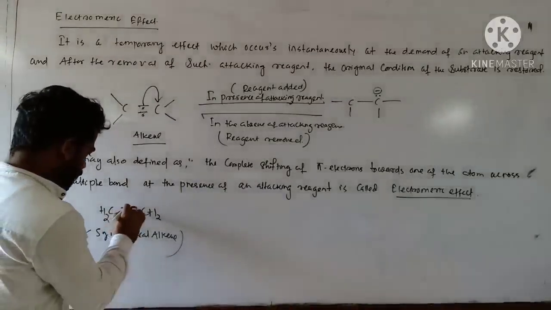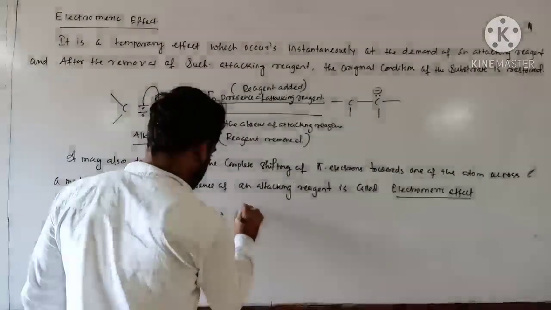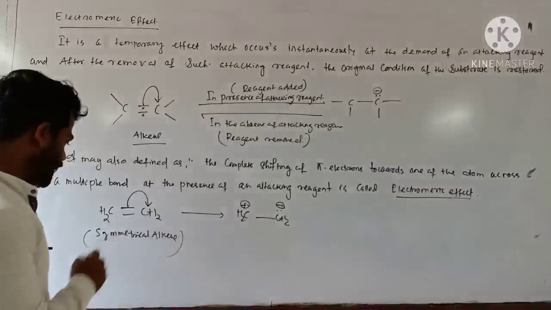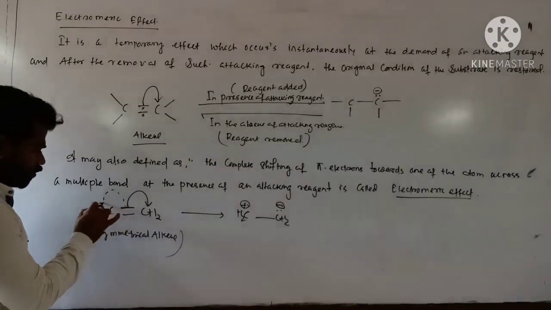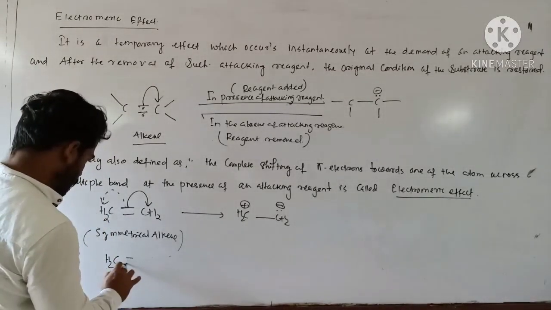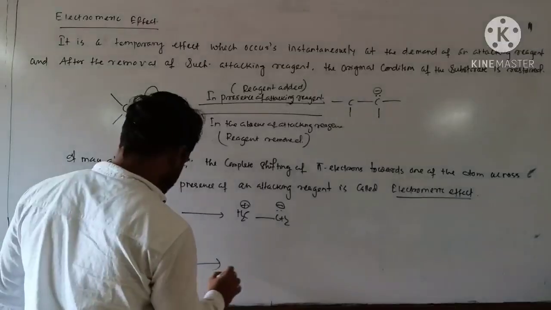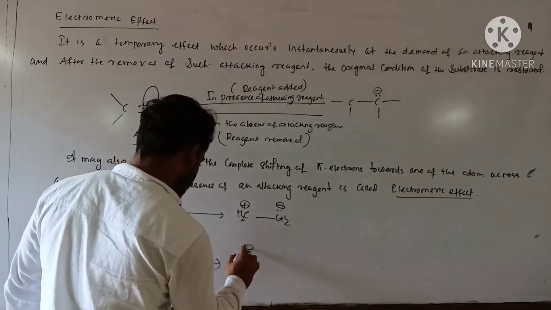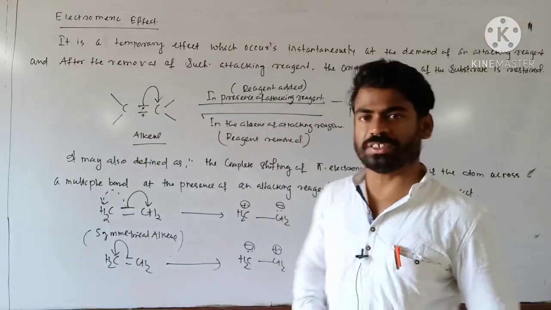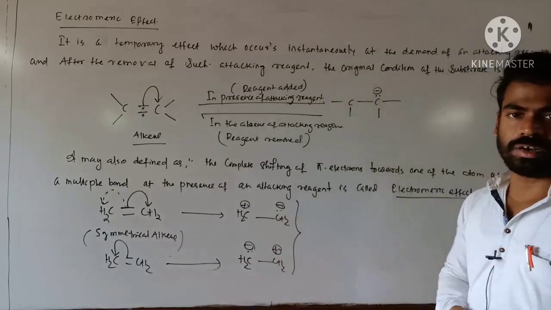If this pi electron gets shifted to this one, you will get CH2 plus over here and CH2 with a pair of electrons, minus. In the second case, this pi electron can be shifted to this carbon also, and you get CH2 minus single bond CH2 plus. So in a symmetrical multiple bonded system, the pi electron can be shifted to either carbon atom.